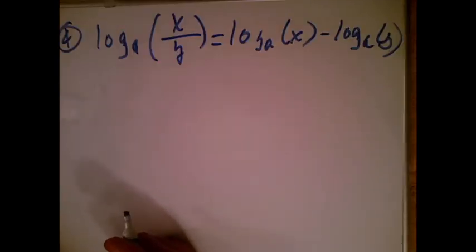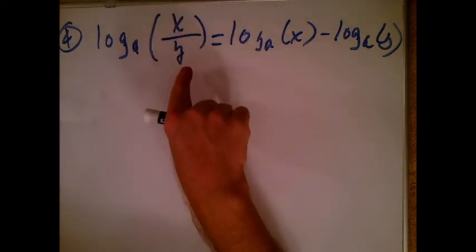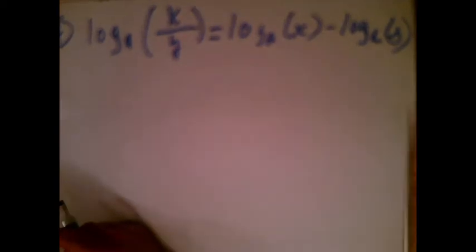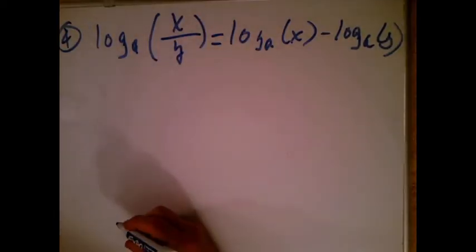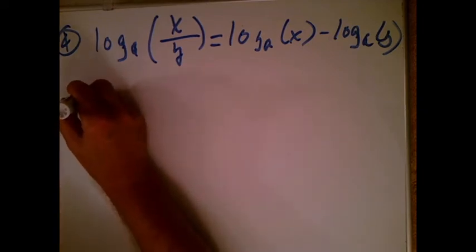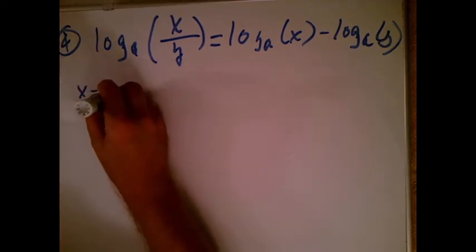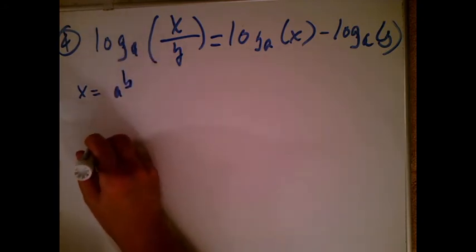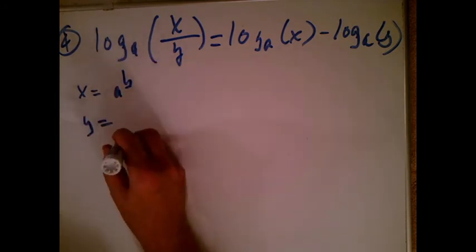Now, the way I said this before is exactly right. What does this ask us to do? It says write x as a to a power, write y as a to a power, and then look at the exponent. Well, that should just be the exponent on top minus the exponent on the bottom. That's exactly right. So we're going to start this off the same way we did before. I'm going to write x as a to some power. Okay, how about b? And y as a to a different power.